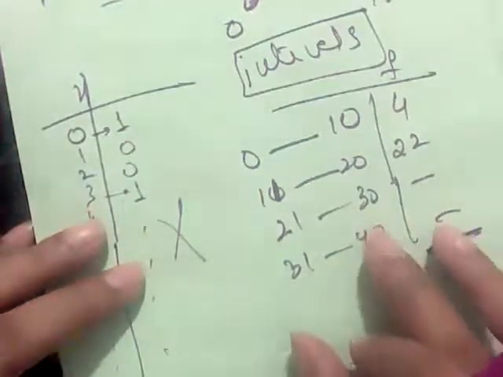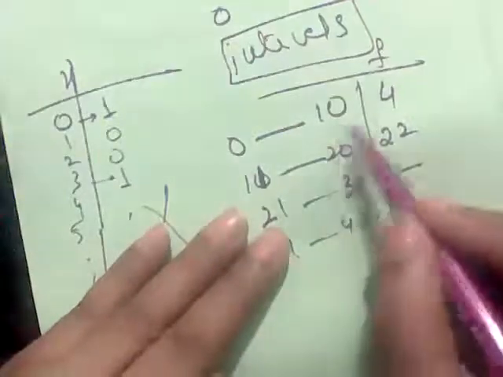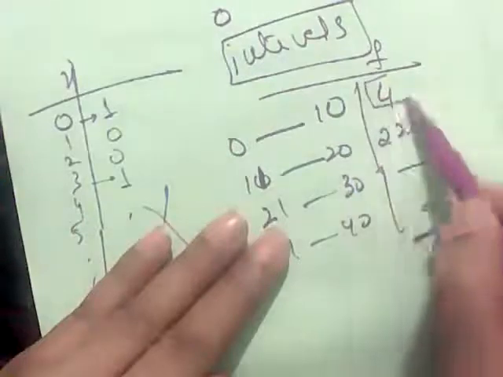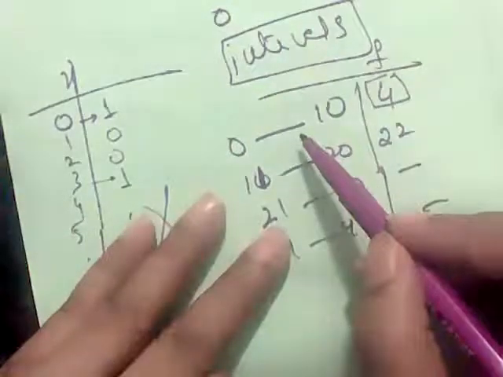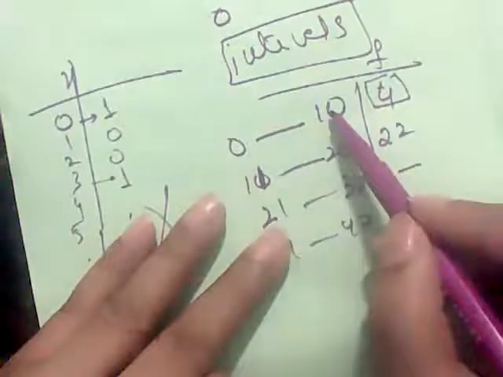Got it? Now I can see a very clear drawback of this. It's a convenient way, right? But by looking back, what are those 4 marks? What are those 4 marks which are out of 0 to 10?